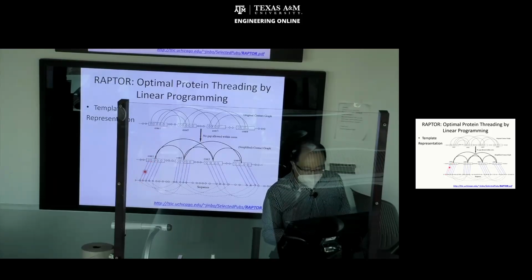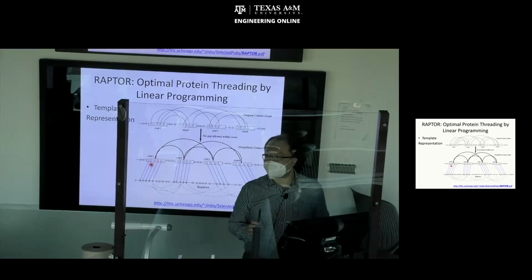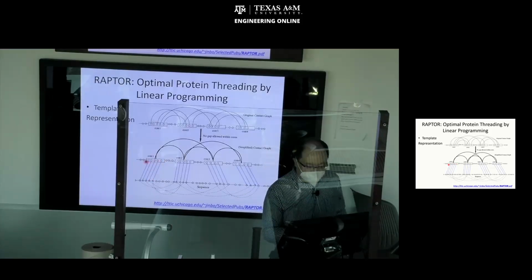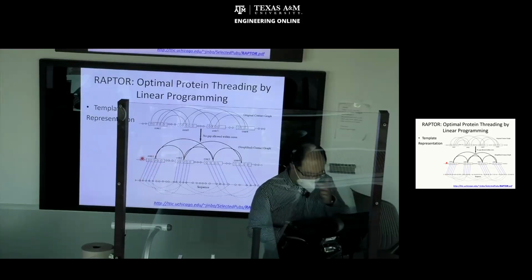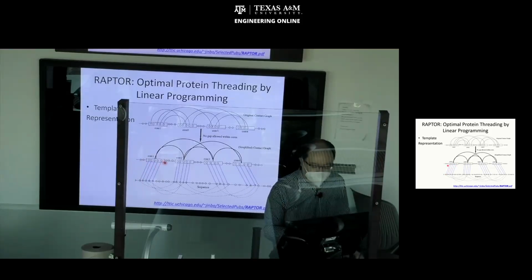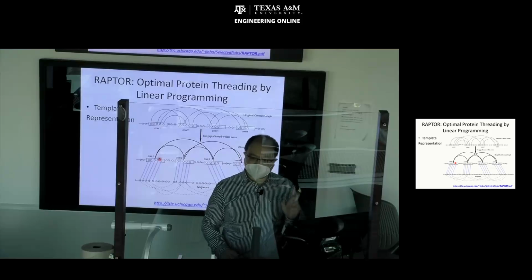When I say that a core is aligned to a position, I mean that the head of the core is aligned to that position because the rest just follows. So let's not get confused. When I say the core, which is on the template fold or structure, is aligned to a position, it means that the head of that core is aligned to that position because the rest just follows. That is our decision variable, right?